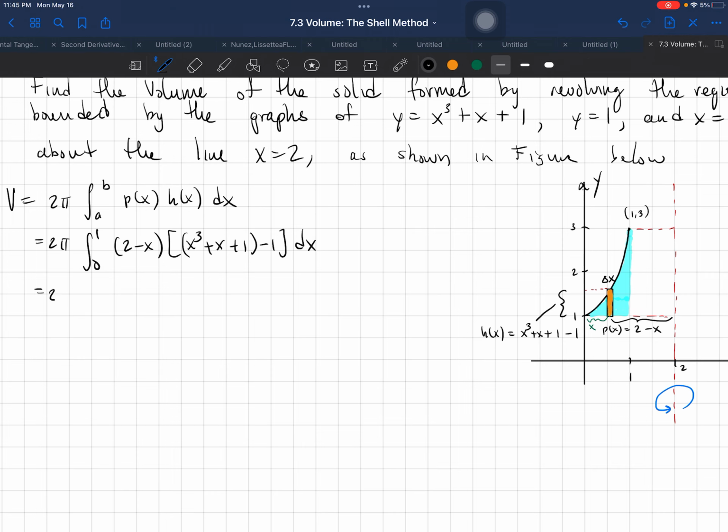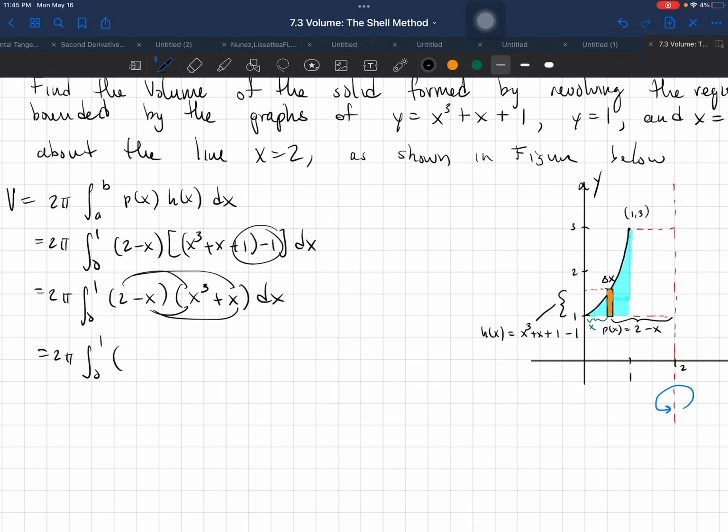Let's go ahead and simplify this. 2 pi from 0 to 1. Before we even begin, let's make sure that this looks easy to do. These will cancel each other out, so we'll cancel those 2. Distribution here, here, here.